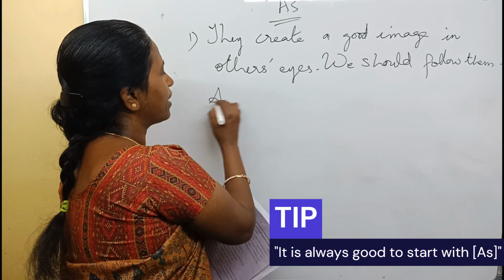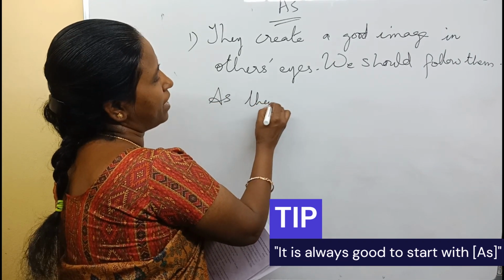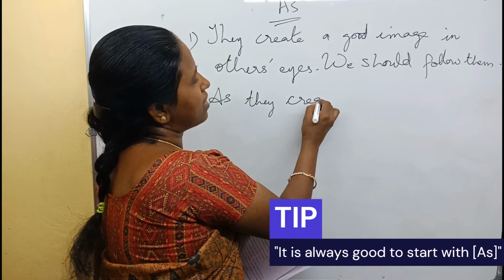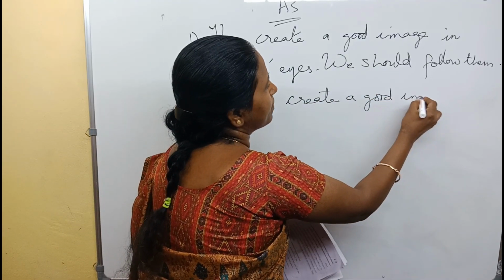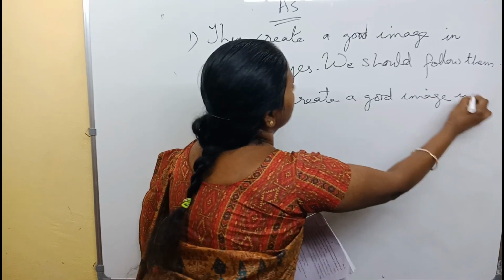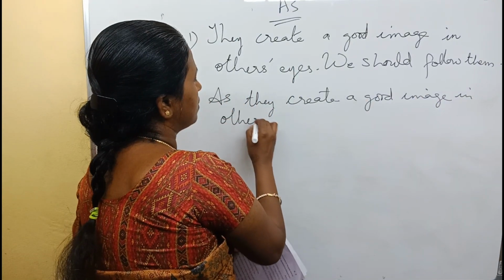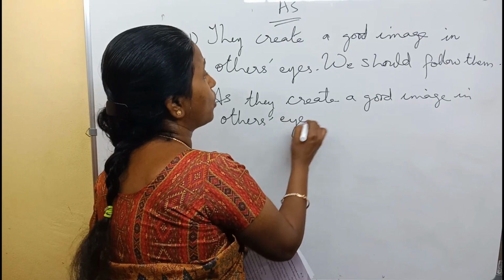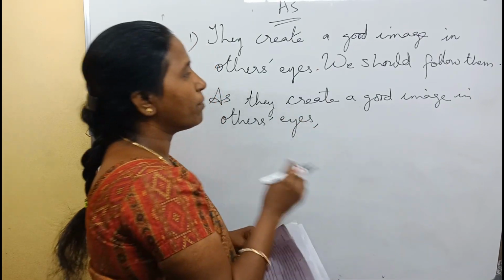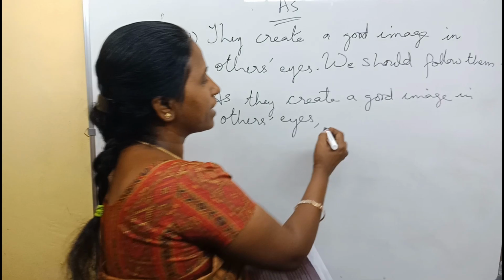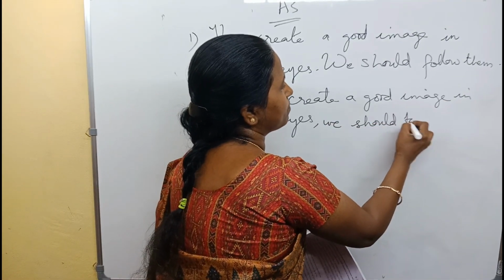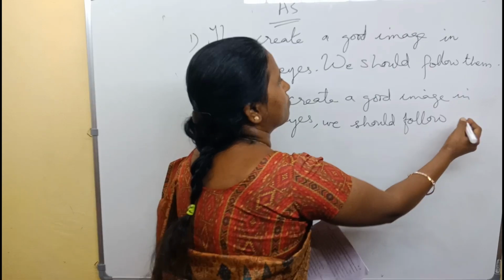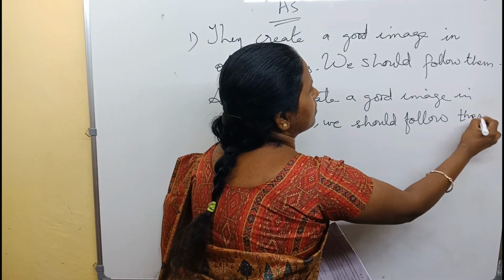Okay, so we will write: As they create good image in others' eyes, comma. This full stop becomes comma because we are combining the two sentences. We should follow them. That's it.